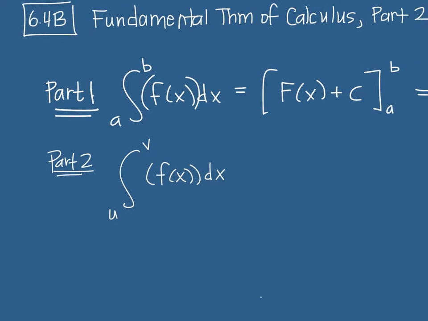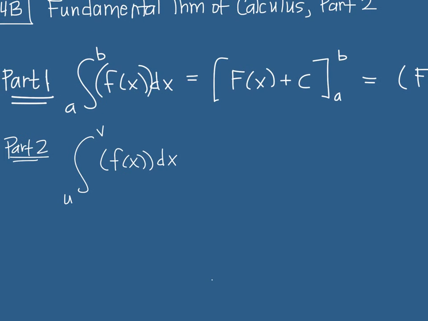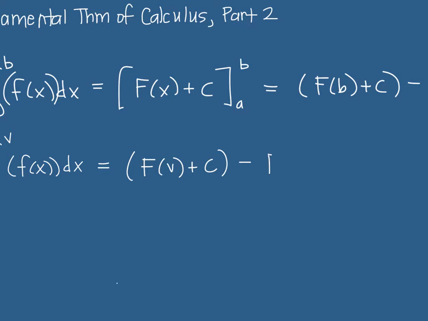Okay, that does not stop you from doing the same process. All right, the same process would result in capital F with v plugged in, even though it's a variable, minus capital F with u plugged in, even though it's a variable.